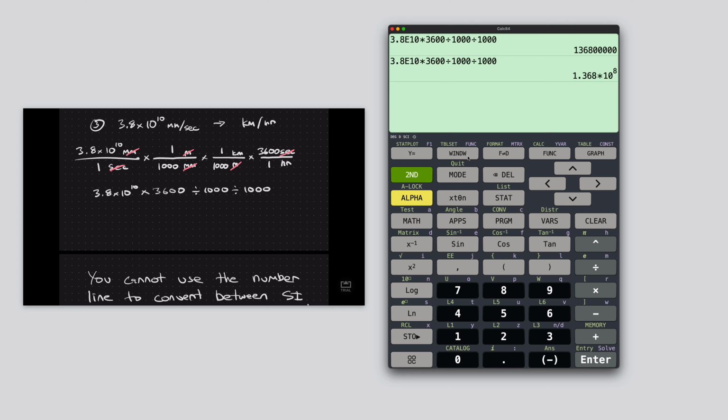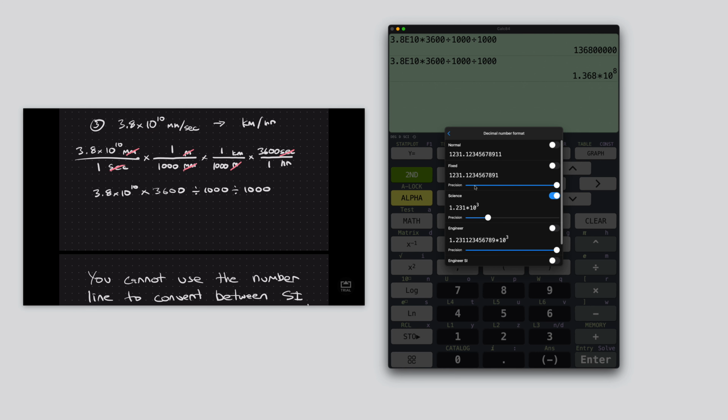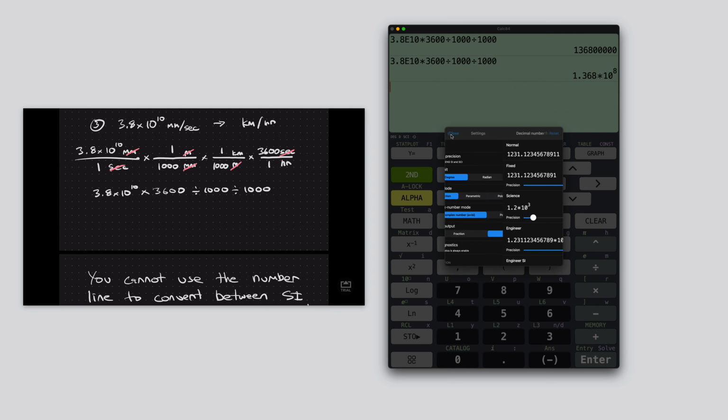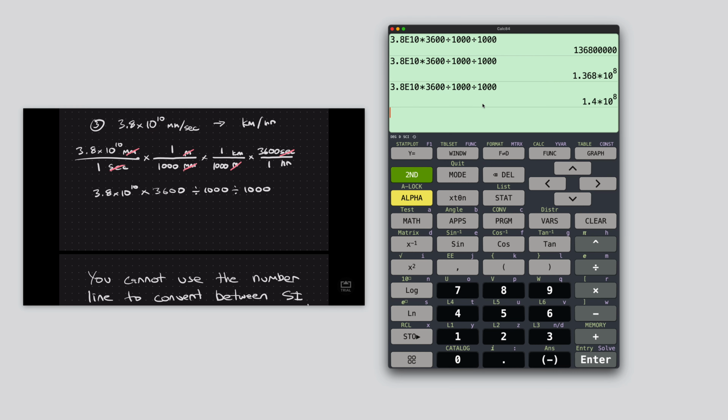If the question was indicating that you need to express it with only 1 decimal place, again, I would just go back into my mode, and I would change that precision to 1 decimal place, and again go back into here and close and hit enter, and it's going to round it up and express it with only that 1 decimal place.